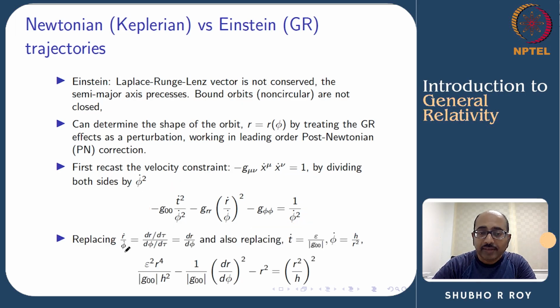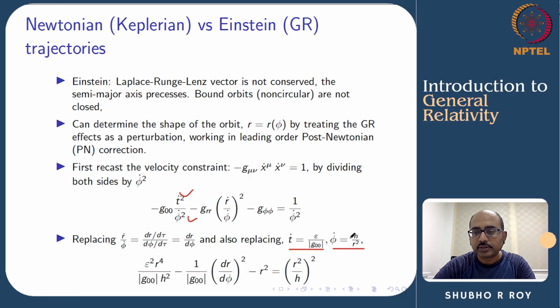Now we replace this. Remember, this is r dot over phi dot, which is dr d tau over d phi d tau. The d taus cancel, and we can replace it with dr d phi. So r dot over phi dot is nothing but dr d phi. Also t dot squared and phi dot squared we can replace using the equations of motion.